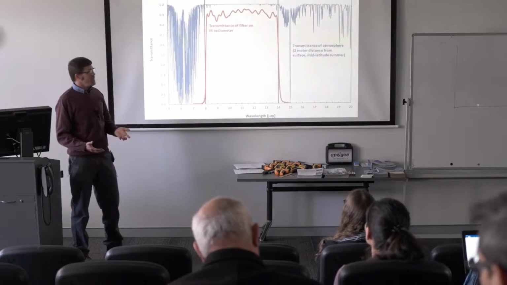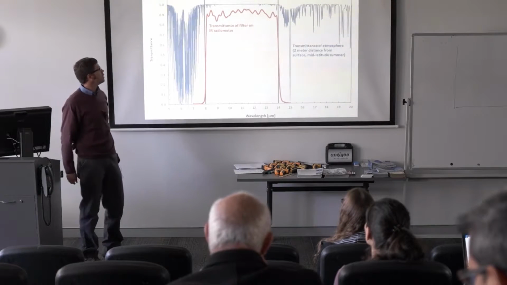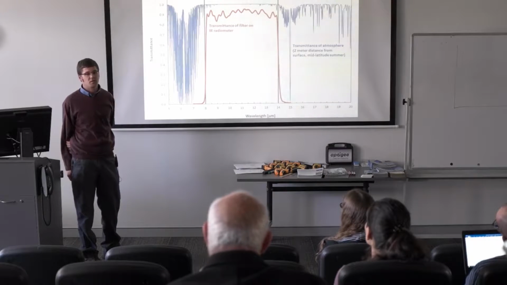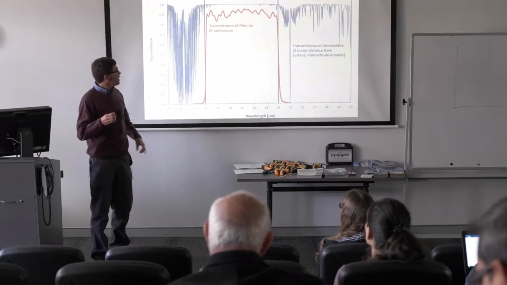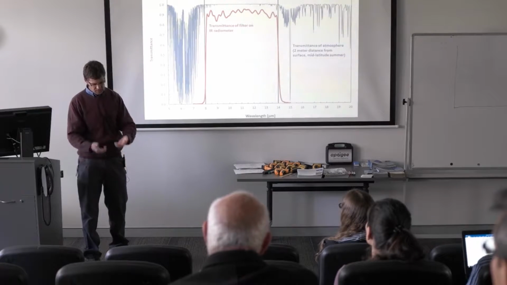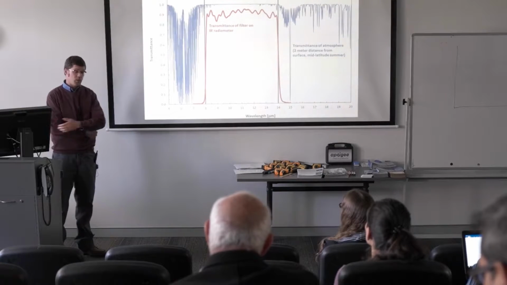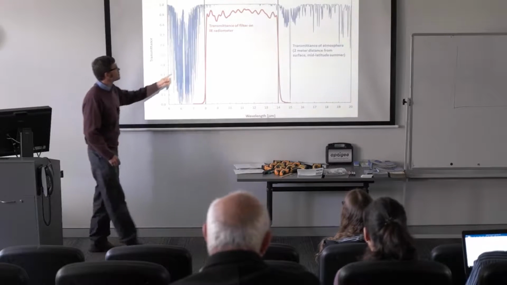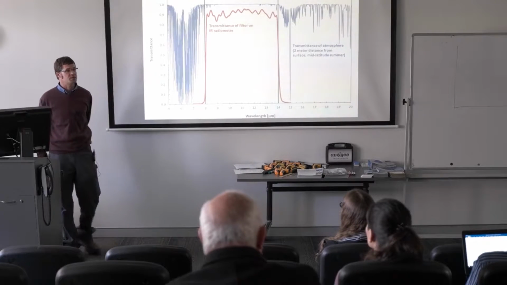The reason we choose 8 to 14 micron is that's the wavelength range called the atmospheric window, and it's essentially the wavelengths where the atmosphere is transparent to long wave radiation. Meaning if you point a sensor with a filter that has an 8 to 14 micron window on it, that radiation is going to come through the atmosphere rather than be absorbed by the molecules, water vapor and CO2 in the atmosphere. So it's just the wavelengths where the sensor sees through the atmosphere, so to speak.